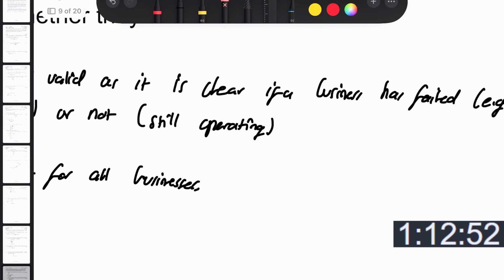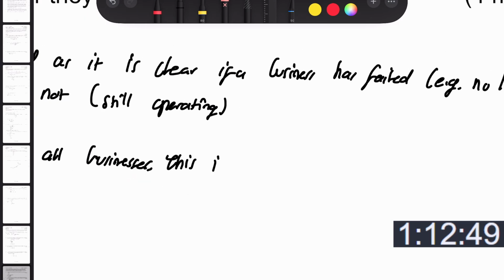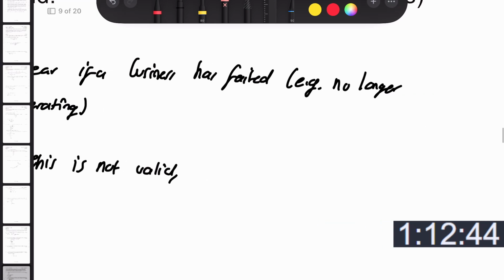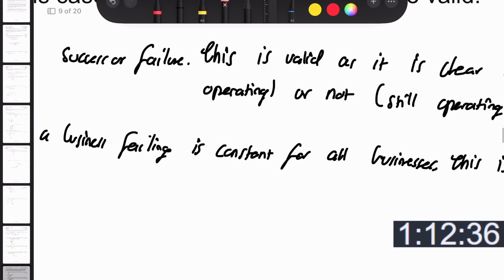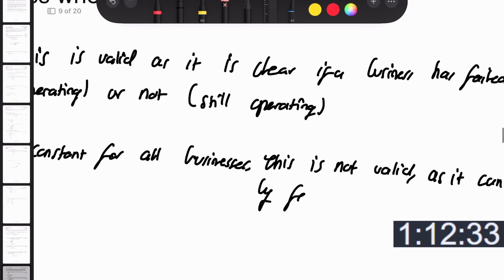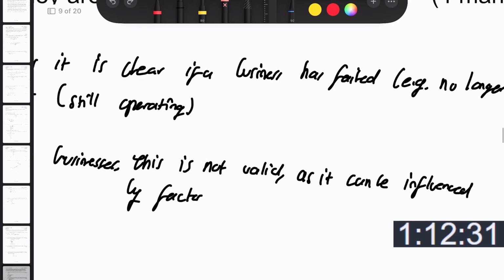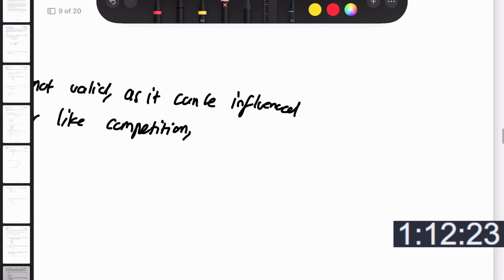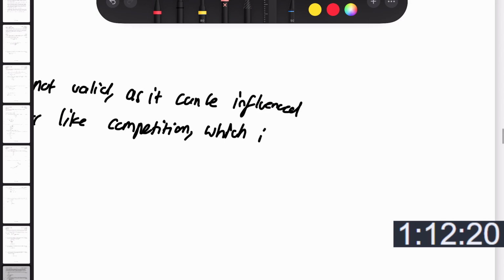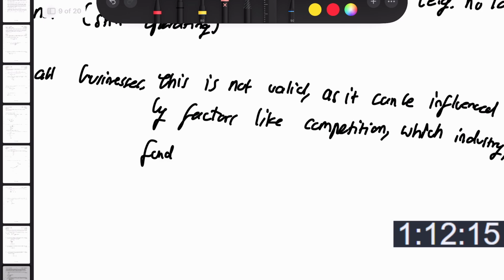This is not valid, as it can be influenced by factors like competition, which industry, funding, etc.